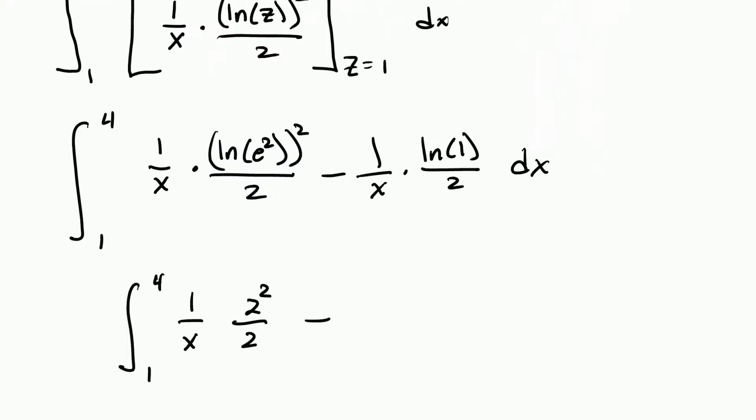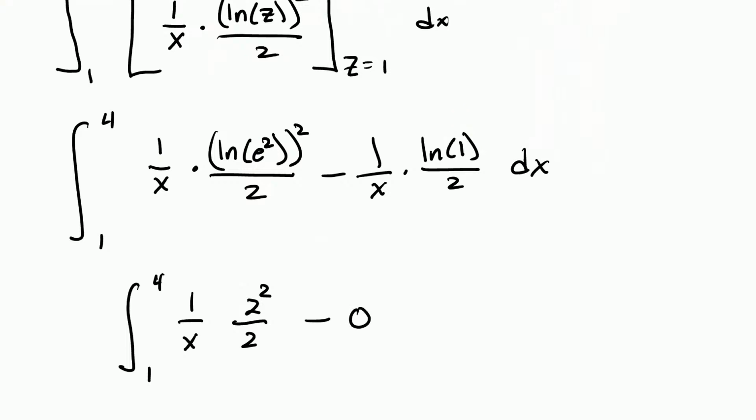So that thing there is just 2. And then this thing over here is 0. Natural log of 1 is 0.